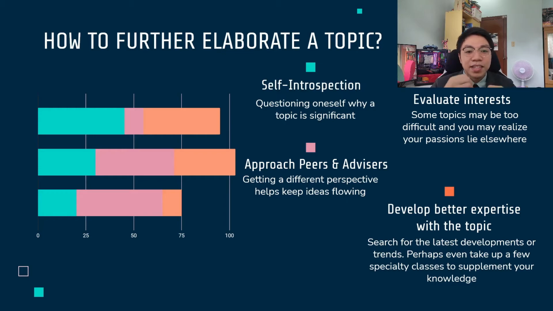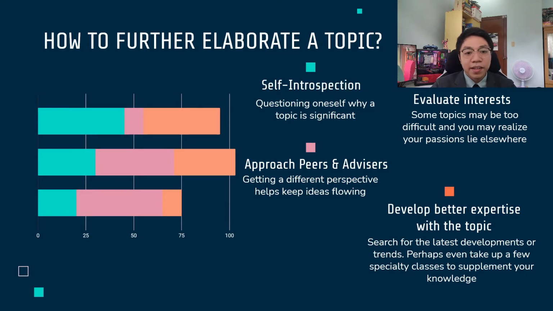If the things that we are going through, the literature that we are reading, is maybe too difficult, we can always approach our peers and advisors. By getting a different perspective on this certain topic, we can help keep the ideas flowing. And maybe a change of perspective was all that we needed in order to tackle the research topic.